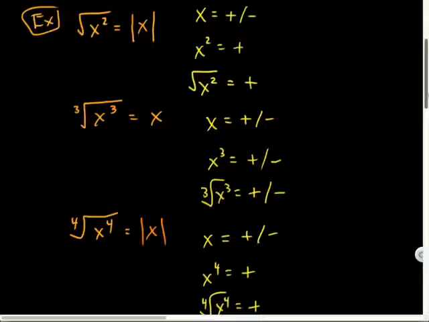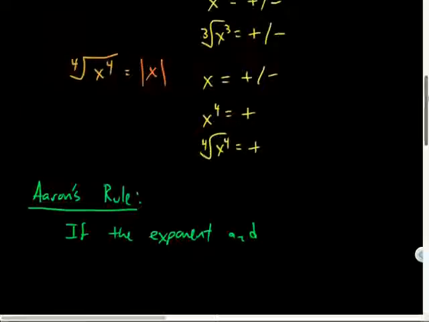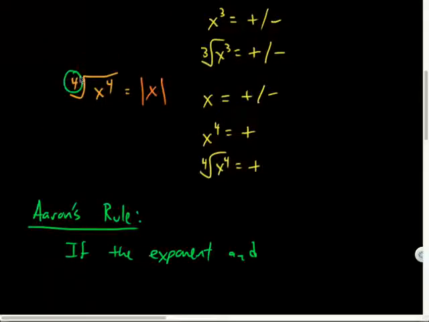Okay. So let's see. We'll call this Aaron's rule. And for Aaron's rule, he said that when you're taking a radical, if the exponent, and, let's see, do you guys remember what this little guy is called in the radical? The index.